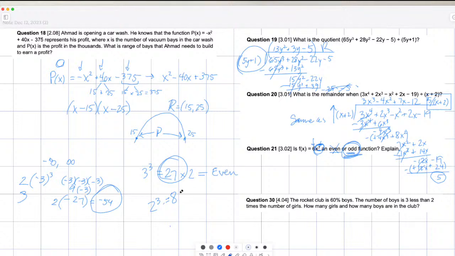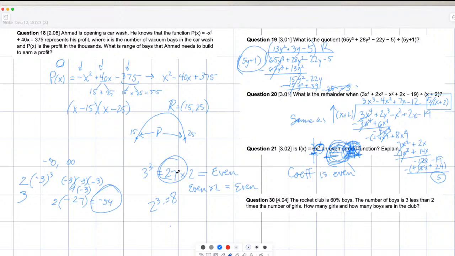Any even number times 2, even times 2 equals even. So anytime there's a factor of 2 as the coefficient, so if the coefficient is even, then the function has to be even, not odd. Odd, no. Even, yes. So what it is the coefficient in front.